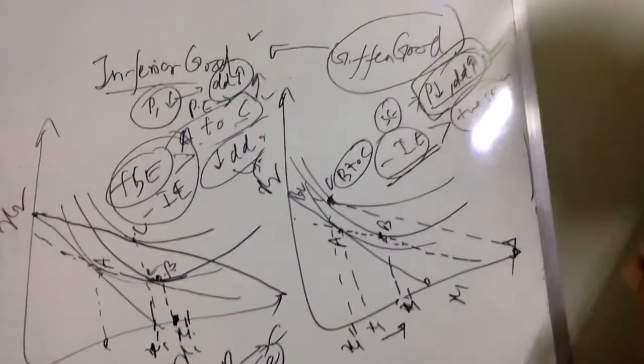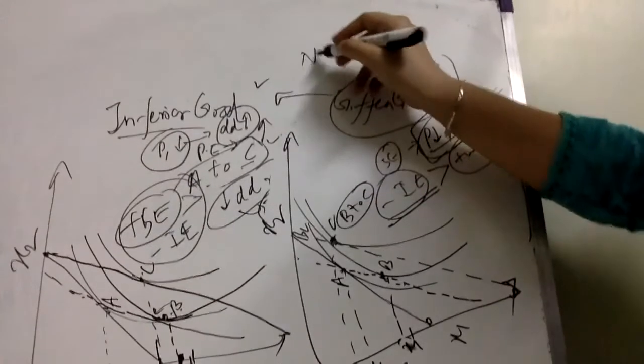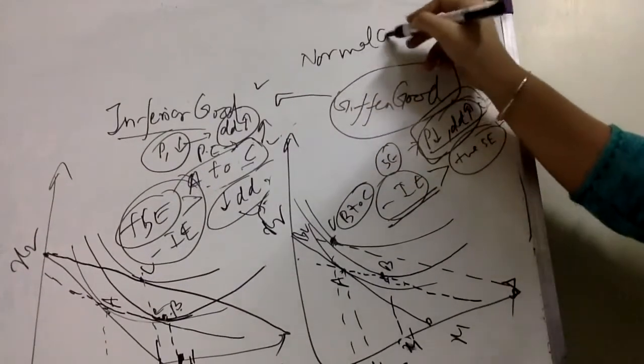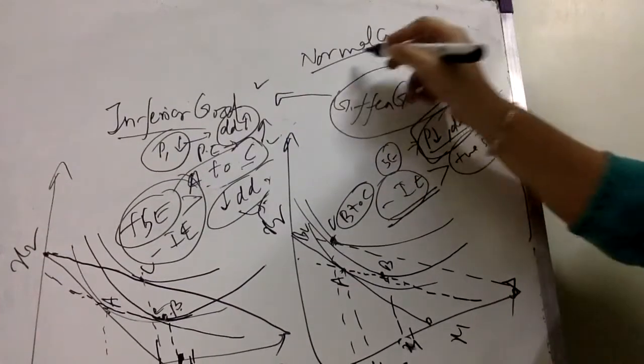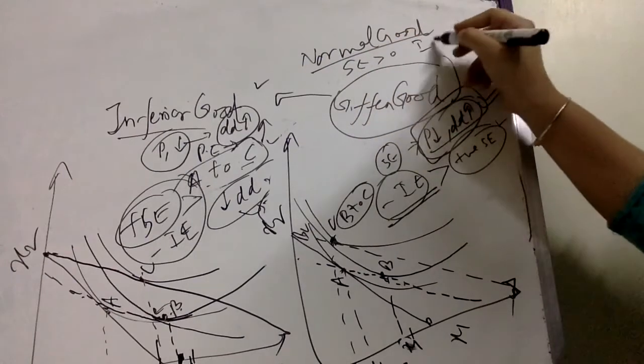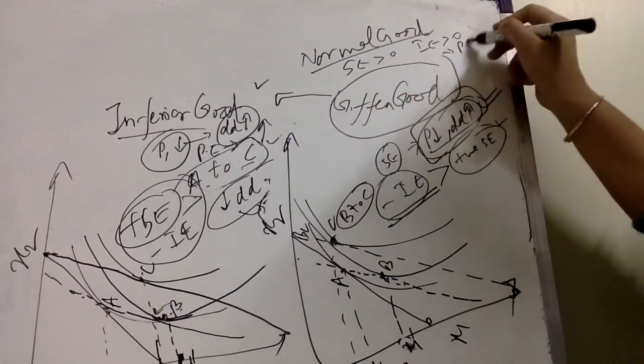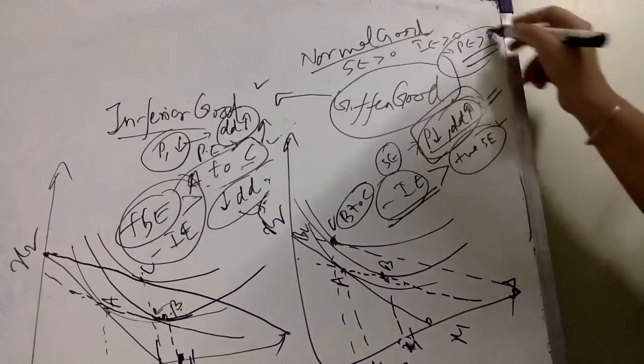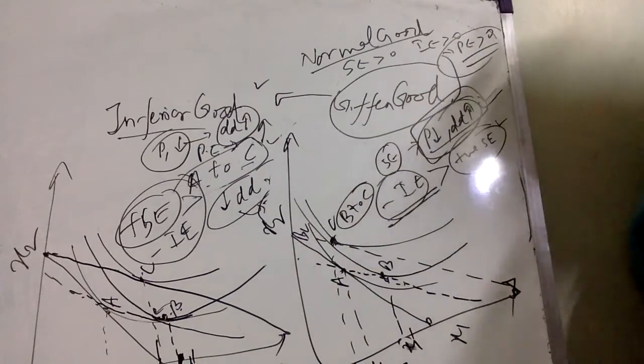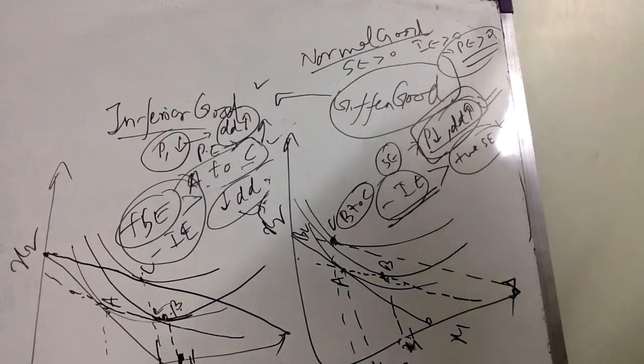However, in the case of a normal good, we found that both the substitution effect and the income effect were positive, and hence the price effect was positive. I hope I am able to make myself clear in terms of the difference between the inferior and the Giffen good.